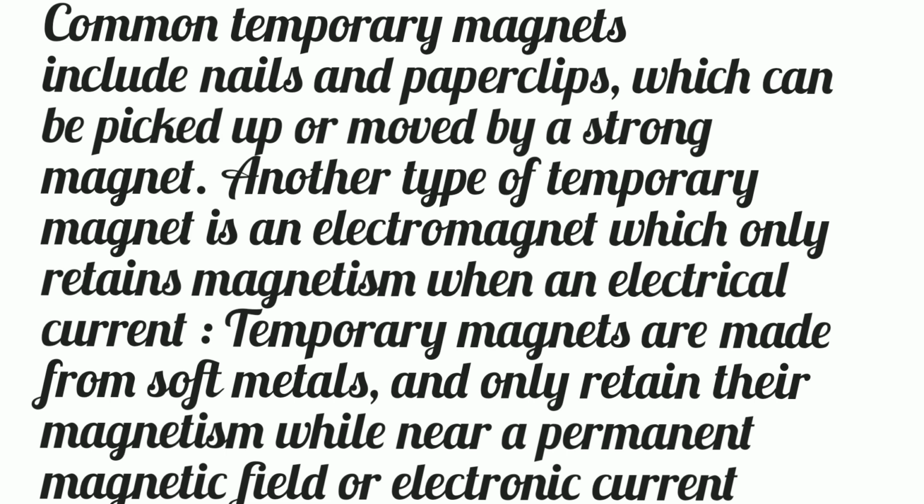Another one of the best examples of a temporary magnet is an electromagnet, which only retains magnetism till the time the electric current is supplied. As soon as the electric current is stopped, the electromagnet loses its magnetic properties.